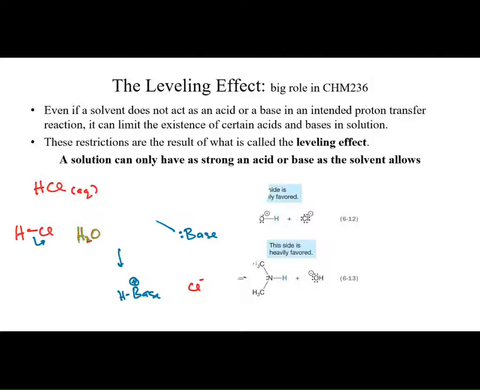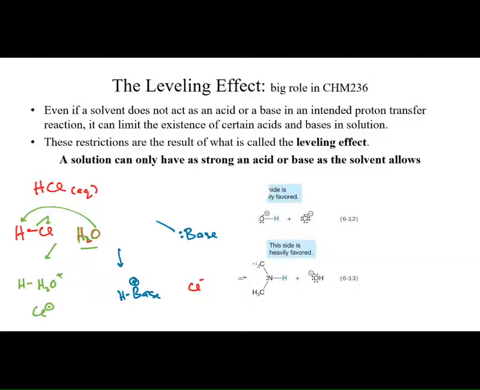Okay, well, it's wrong because water, being in a far greater concentration than HCl, will very likely react with the HCl first in a simple acid-base reaction to form H3O plus and Cl minus.